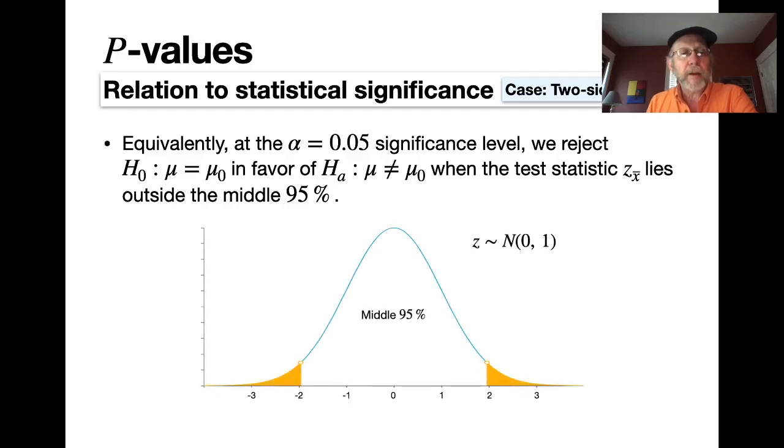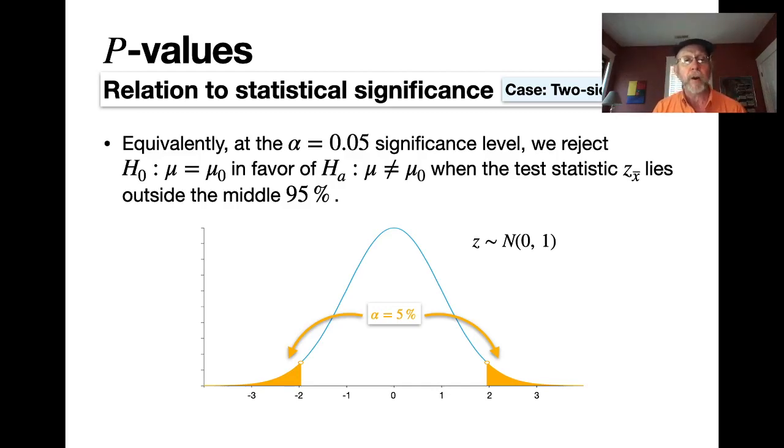So I've got that middle 95% labeled there. The tails represent the extreme values, and the area of those tails together is precisely 5%, right? Because it's what's left over from the middle 95%. So the area of those tails that define what counts as extreme at the 5% significance level is precisely 5%.